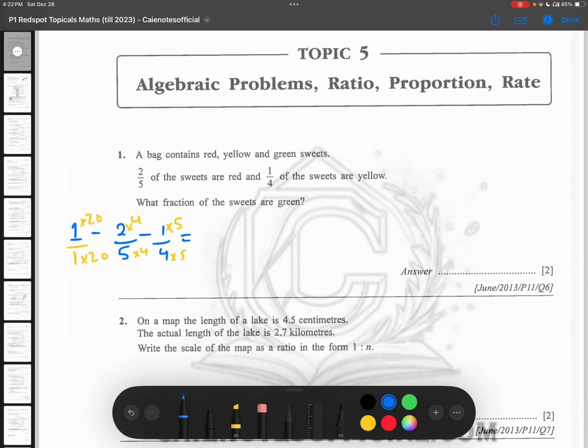So now 1 multiplied by 20 is 20, minus 2 into 4 is 8, minus 1 into 5 is 5, and the denominator will be 20, the common denominator. Now 20 minus 8 is 12, 12 minus 5 is 7. So the fraction is 7 upon 20. This is the fraction of the sweets that are green.